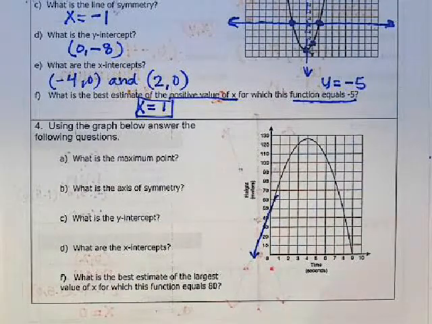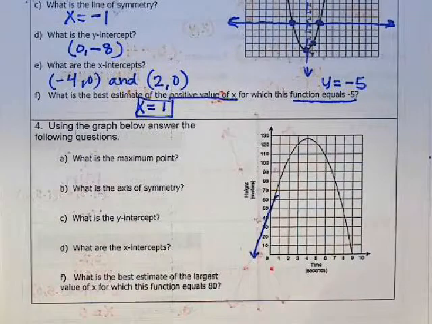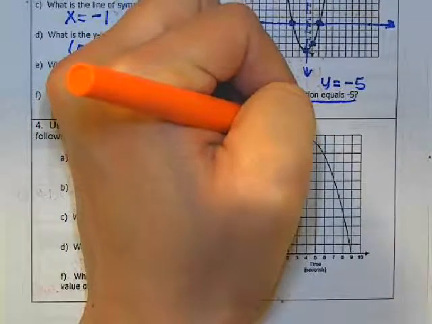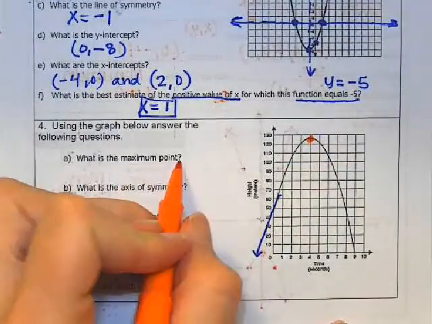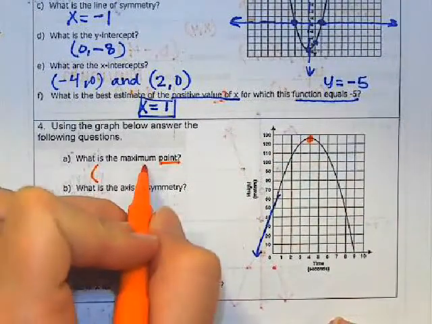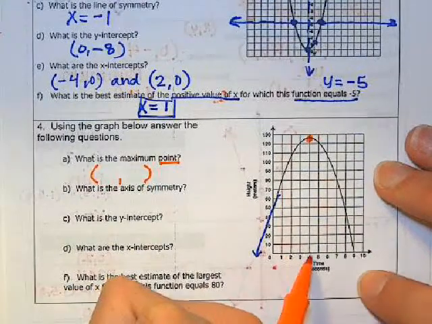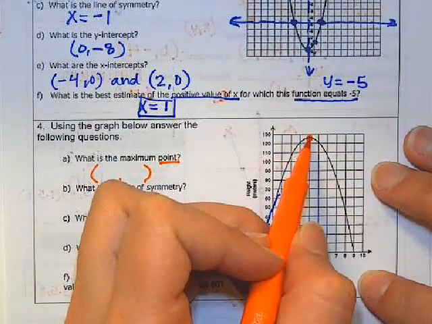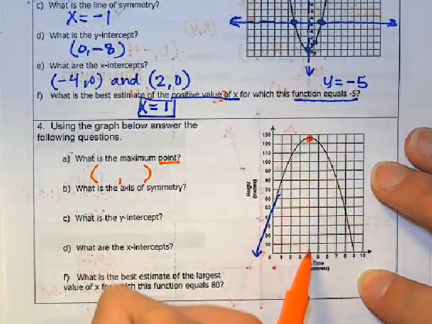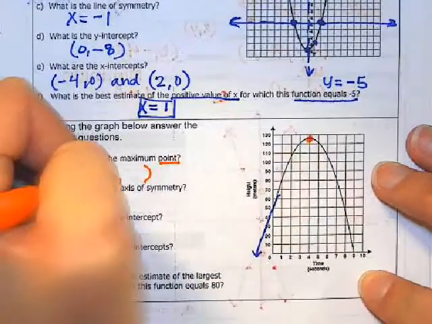All right, so it says, what is the maximum point? Again, we're going to guesstimate on decimals. So here's my maximum point. And it's a point, so it needs an ordered pair. What's the x? At this dot, what's my x? 4. And about, what's my y?